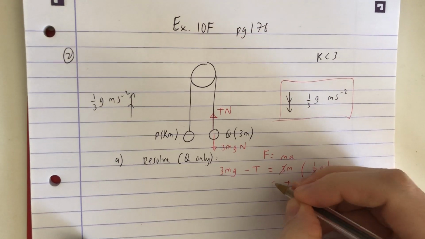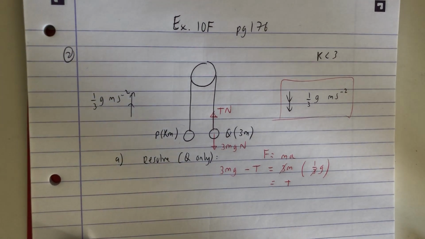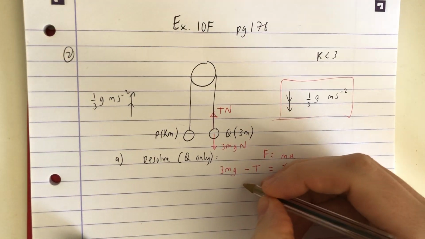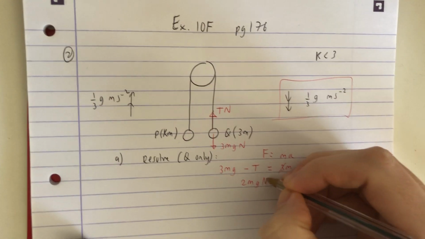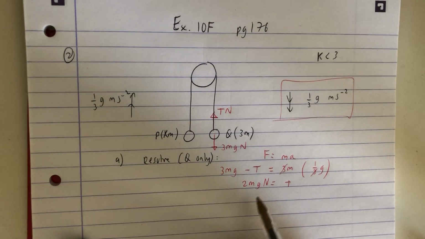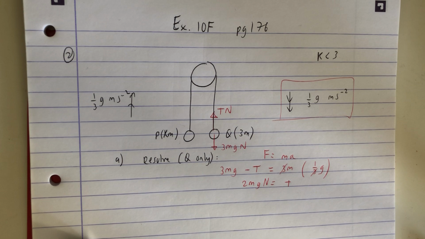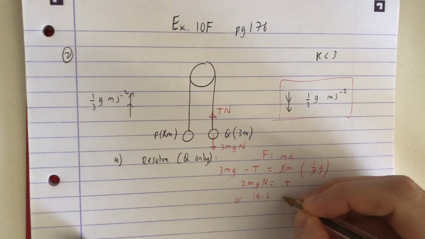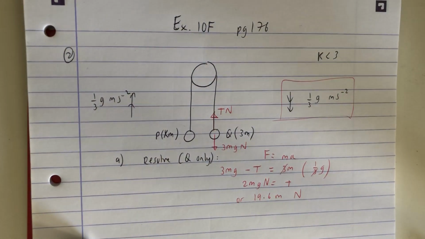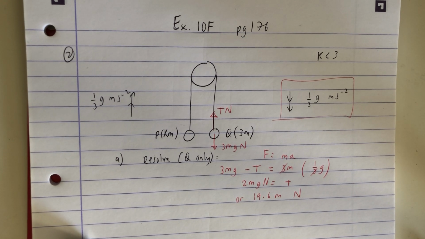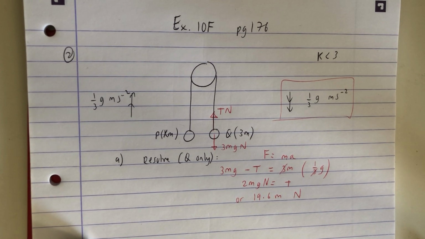So T would be equal to 2mg. So the tension is 2mg newtons. You can leave the g in there, or you can write g as 9.8 and get 19.6m. Doesn't matter. Newtons.